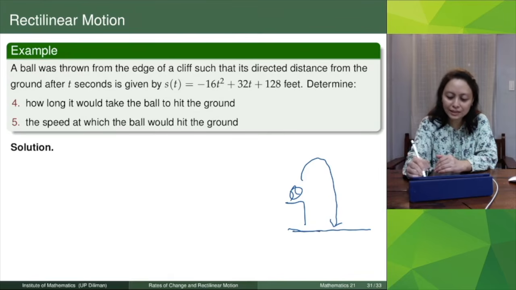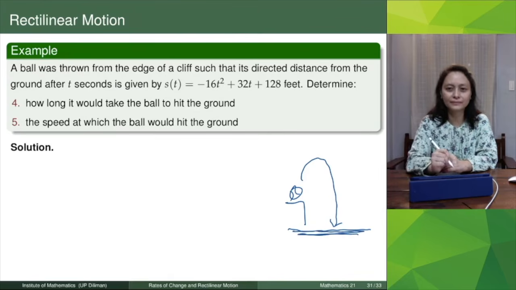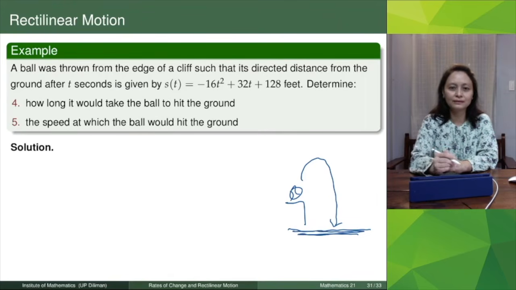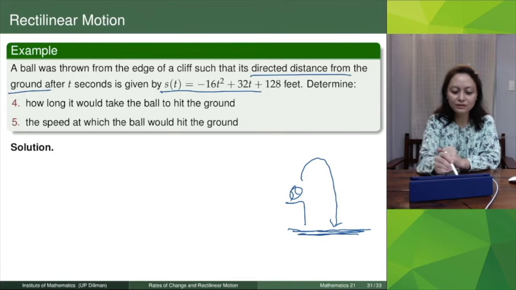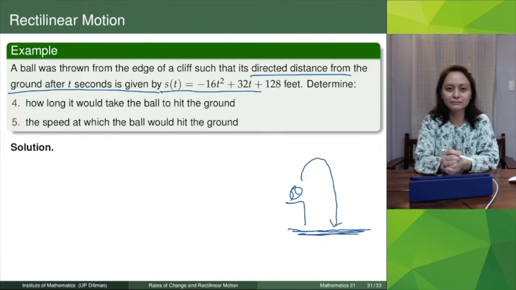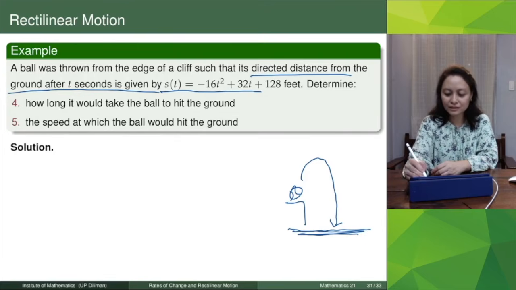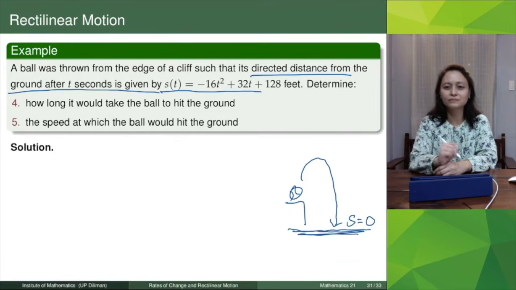Ano yung condition natin dito sa ground? Take note, etong s of t natin, this is the directed distance from the ground after t seconds. So, kung nasa ground tayo, ano yung distance mo from the ground? Siyempre, 0. So, at the ground, s is 0.